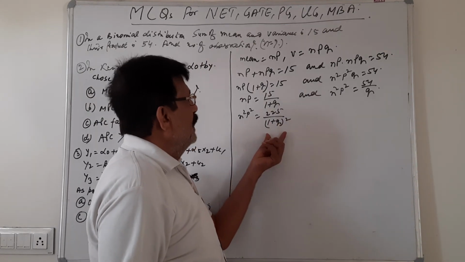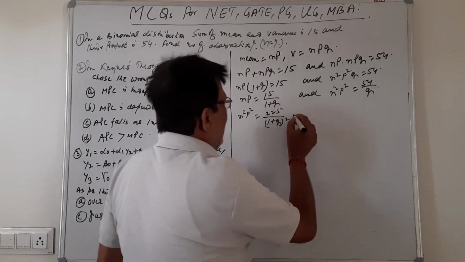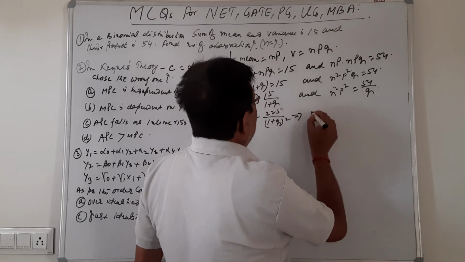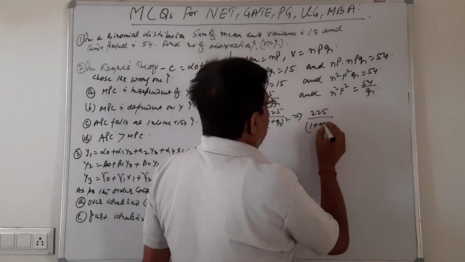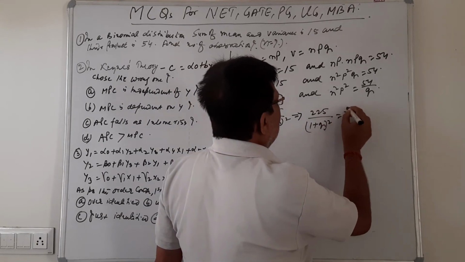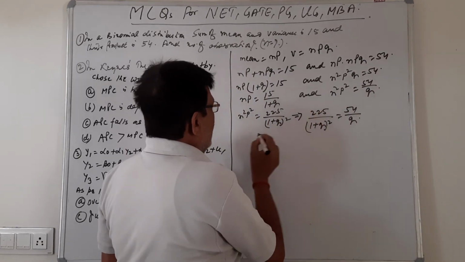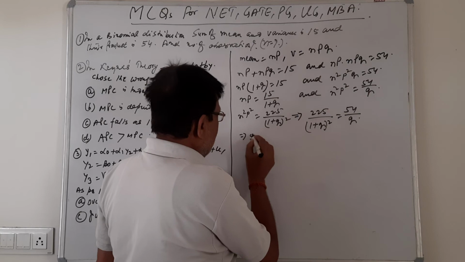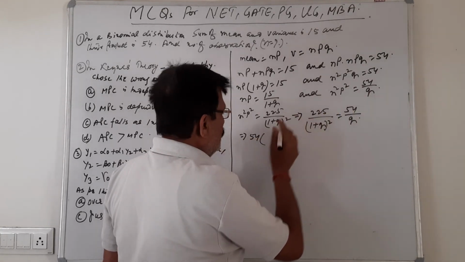Now these two equalities are similar. This is also n square p square, so these two must be equated. Hence 225 by (1 plus q) square is 54 by q, and by cross multiplication, 54 into (1 plus q) square, let it be opened up.